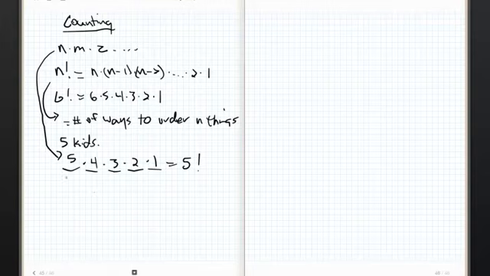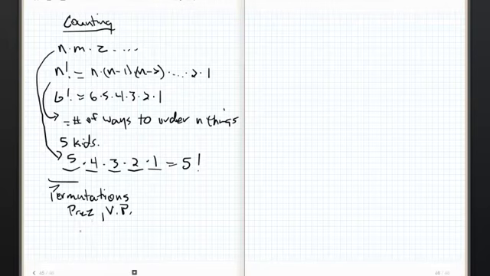Okay? Now, what we're going to do next is called permutations. Let's take those same 5 kids, but instead of lining them all up against the wall, I'm only going to line 2 of them up against the wall, and I'm going to order them. So same 5 kids, but this time I'm going to elect from the 5 kids a president and a vice president. Think about this for just a second.